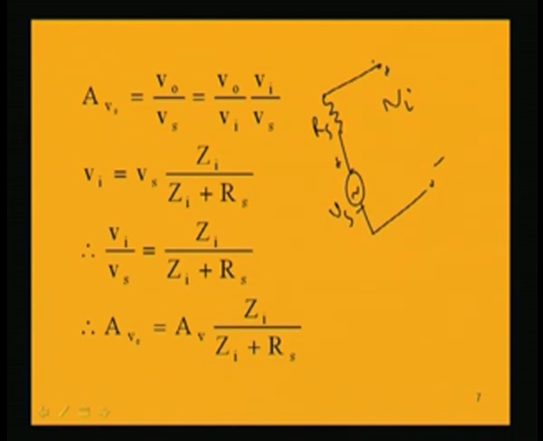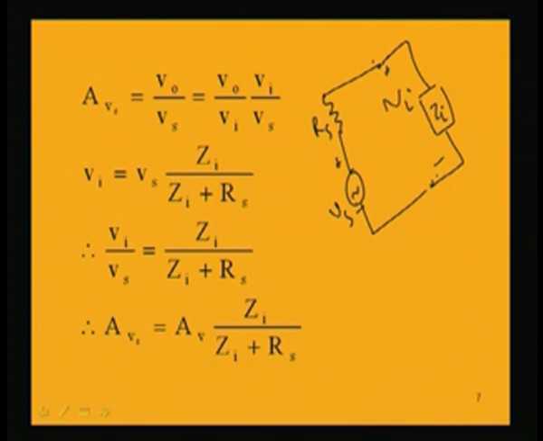So, what will we do? Because this input side is having an input impedance Zi, which we have already found out, we can find out voltage division, because voltage division is taking place here. So, what is Vi? Vs into Zi by (Zi plus Rs). This is the voltage available at input.